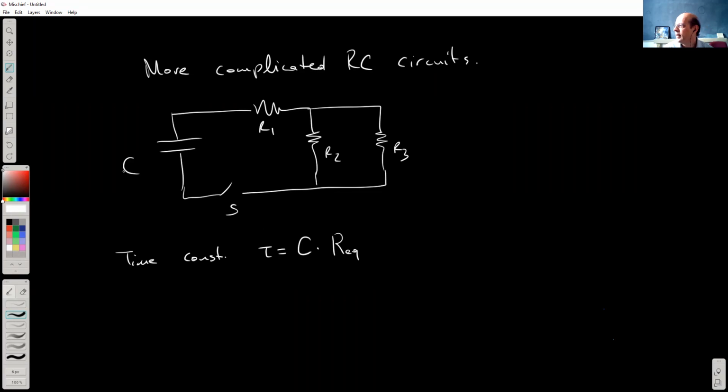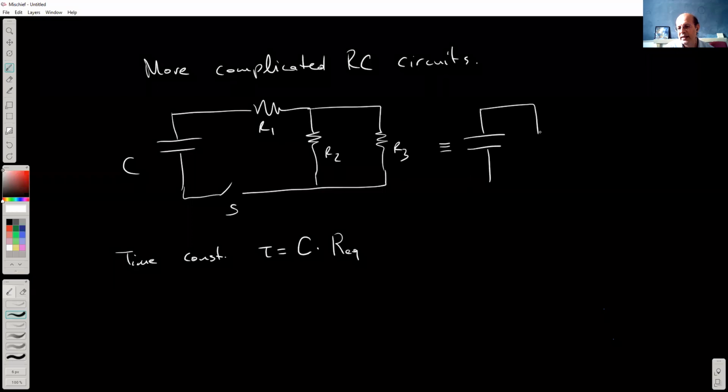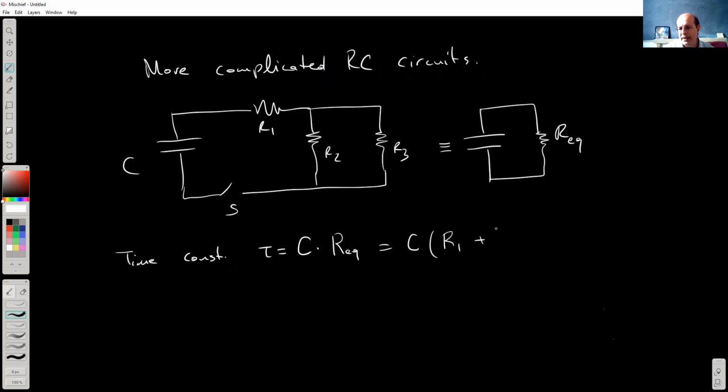If you just simplify all of these resistances to a single equivalent resistance, that's basically what the capacitor sees as the resistance between its plates. So it's the one that you need to write down here. I think in that case, this is R1 plus R2 R3 divided by R2 plus R3.